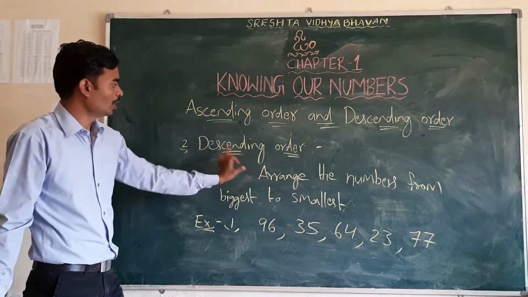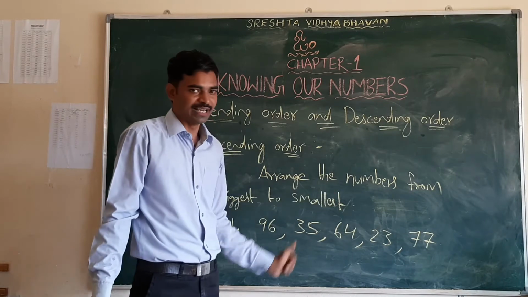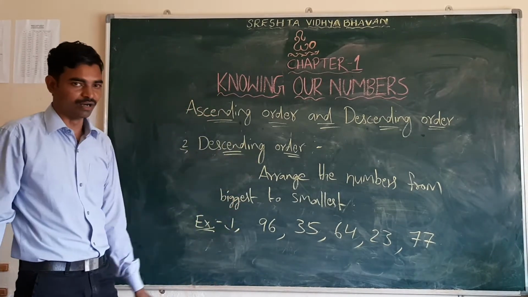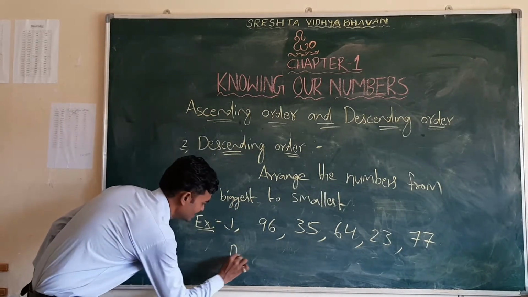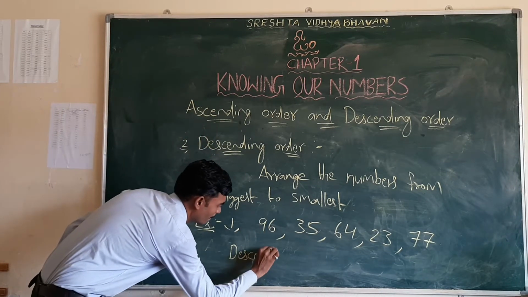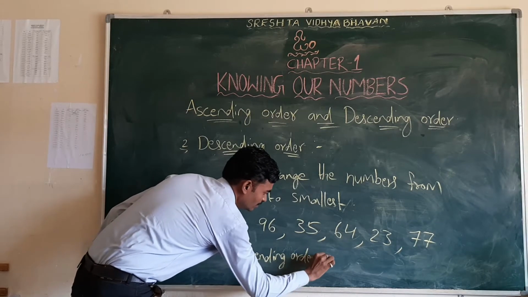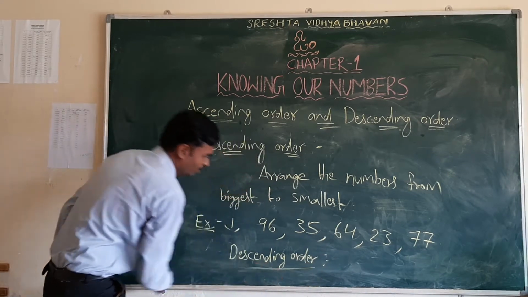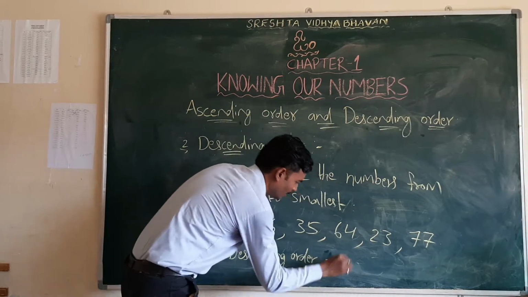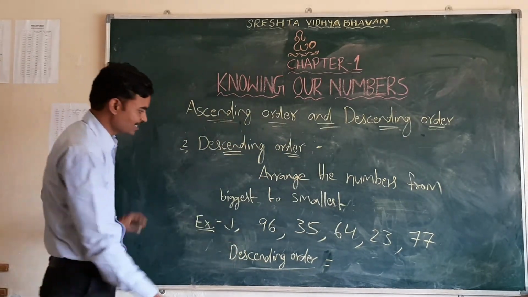What is the definition of descending order? Arranging the numbers from biggest to smallest is called descending order. Now arrange it in the descending order. What is the biggest number here?